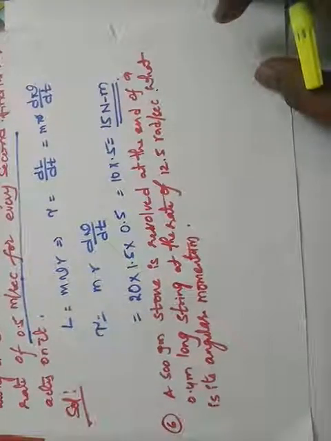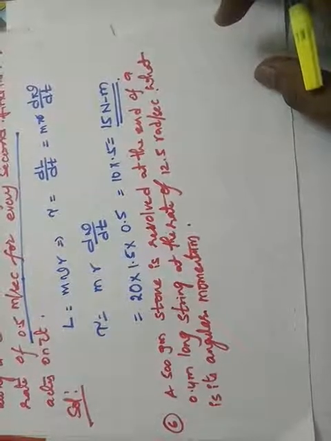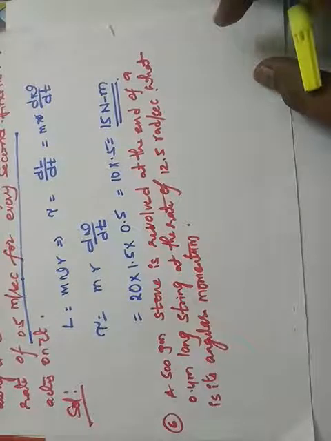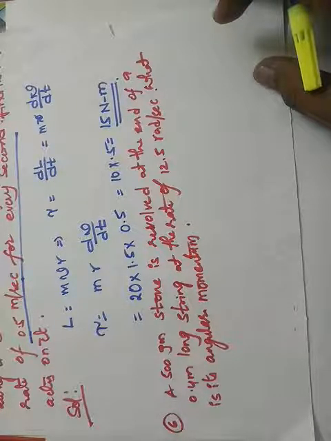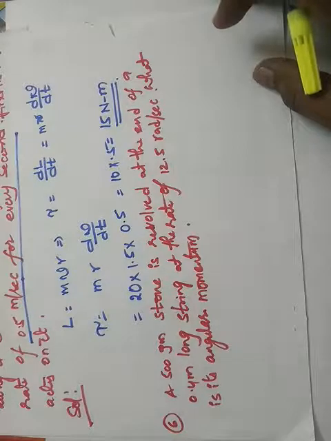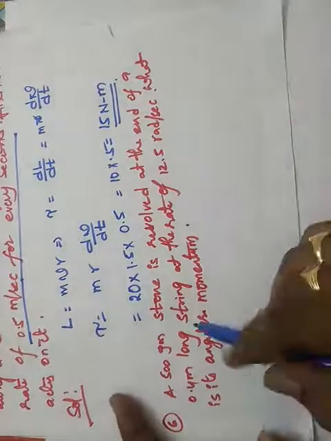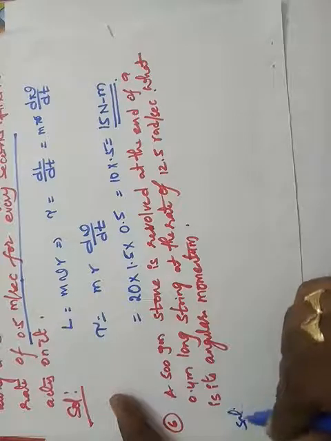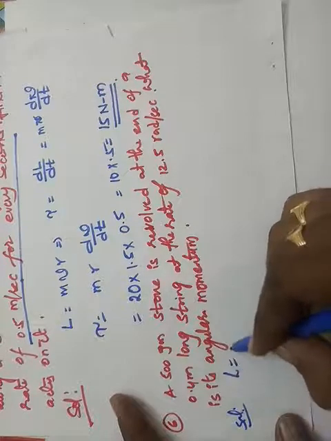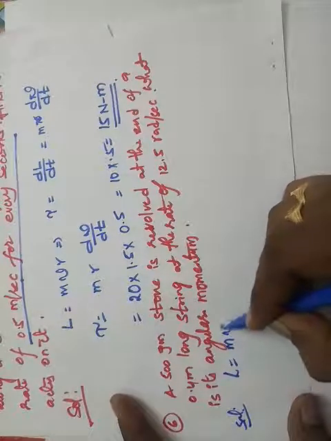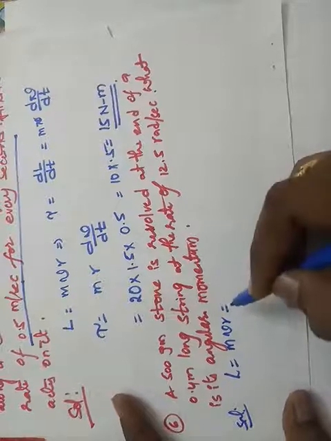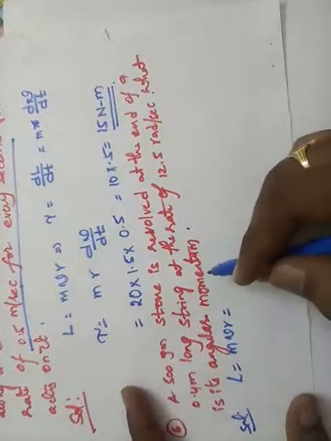Now see here, one more problem. A 500-gram stone is revolved at the end of a 0.4 meter long string at the rate of 12.5 radians per second. What is its angular momentum? So we know that. How can we write angular momentum? L is equal to mvr, and we know that v can be written as v equal to r omega.